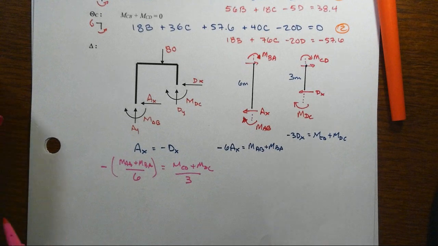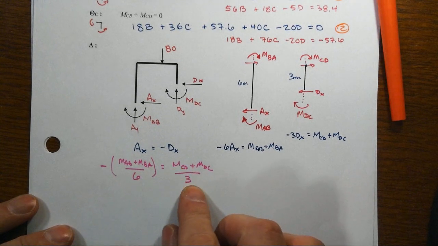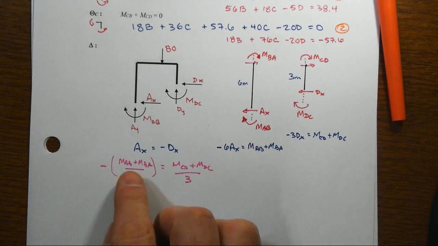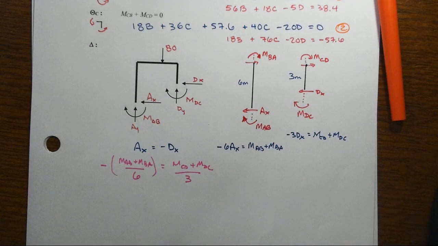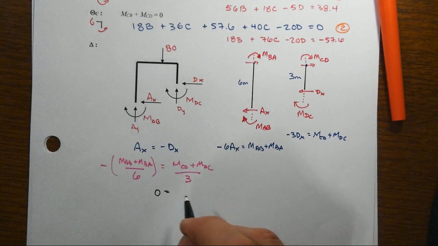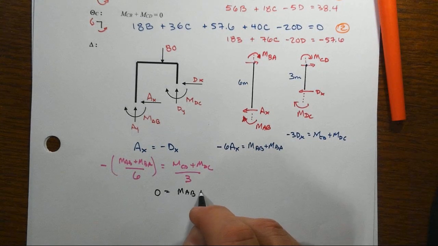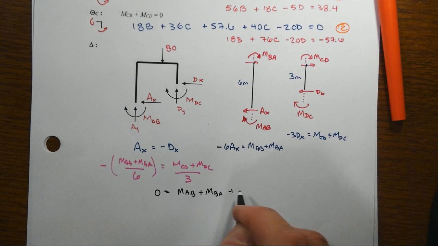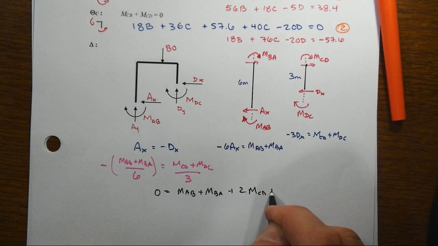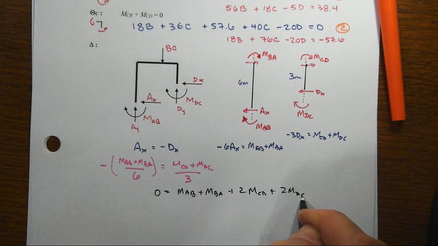From which we can clear out the 6. That will be 6 over 3, so there's a 2 there. Take these all to the other side, and you would get that 0 equals MAB plus MBA plus 2 times MCD plus 2 times MDC.